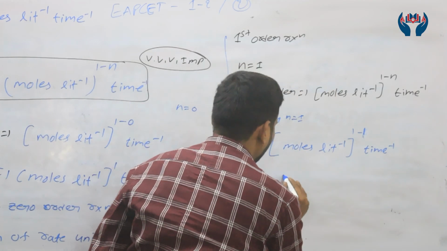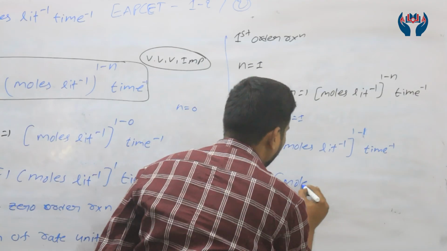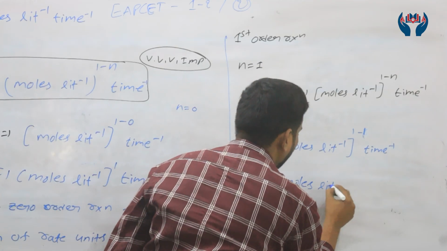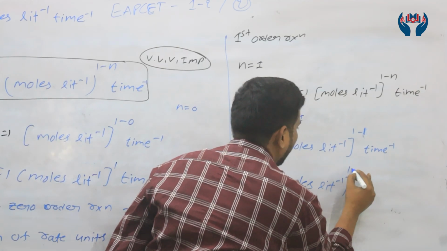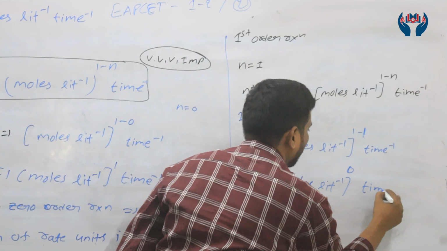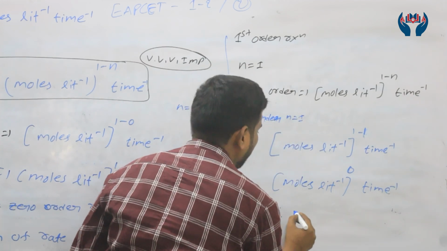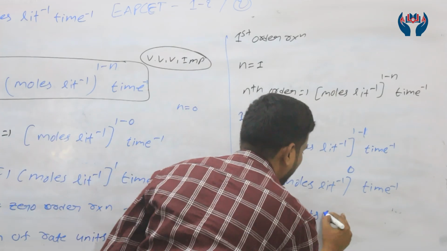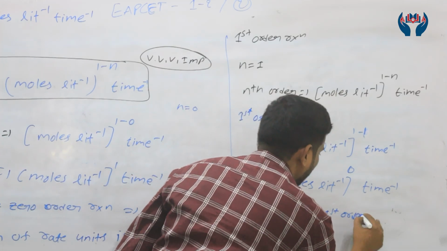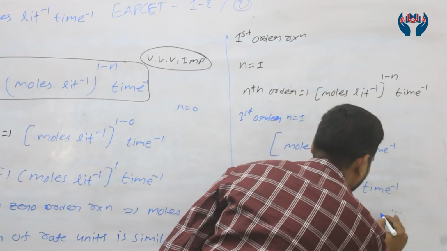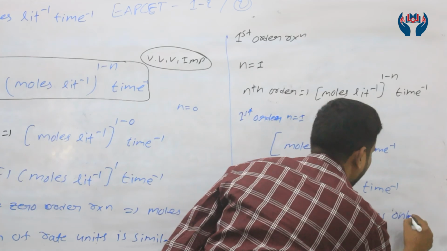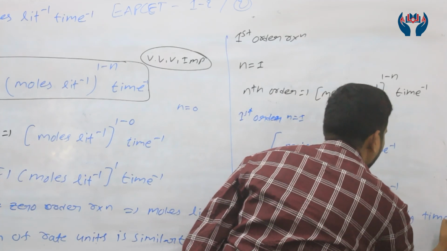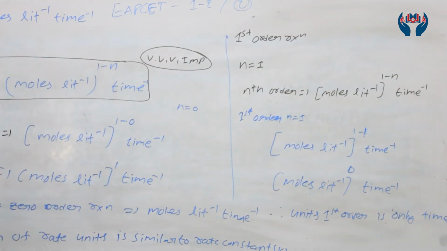That is the total order of units: moles per liter to the power 1 minus 1, which is 0, per time. Therefore, the units of a first order reaction are only time inverse. This is the first order reaction.